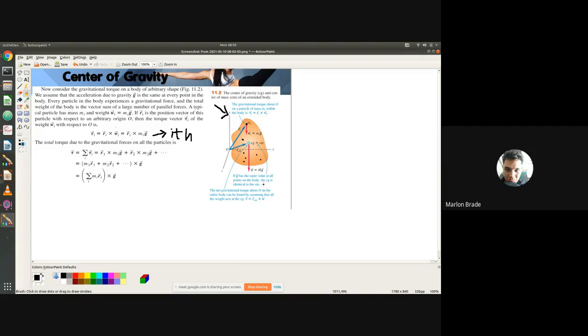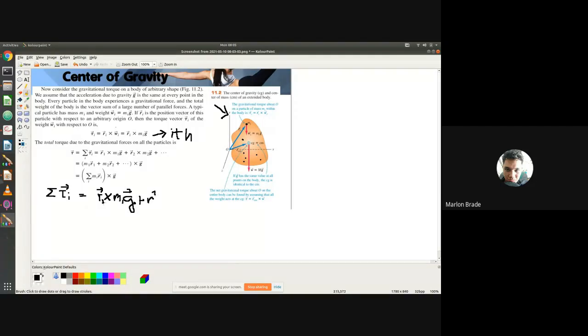So for this extended body, the total torque due to the gravitational forces on all the particles is given by the summation of the torque sub I, and this is a vector quantity. So this is R1, the torque experienced by the first particle, cross M1 G, plus R2.